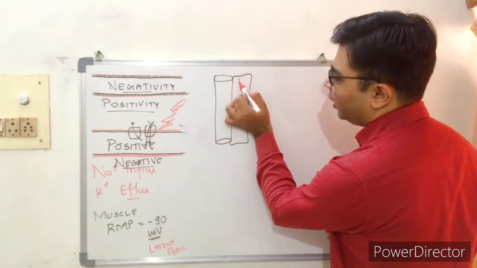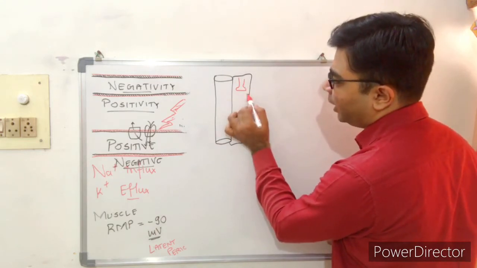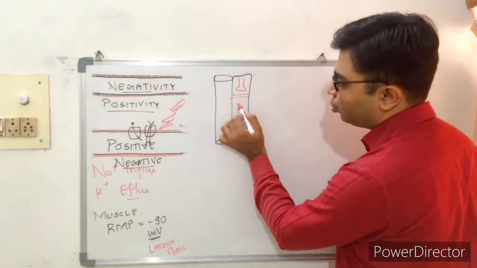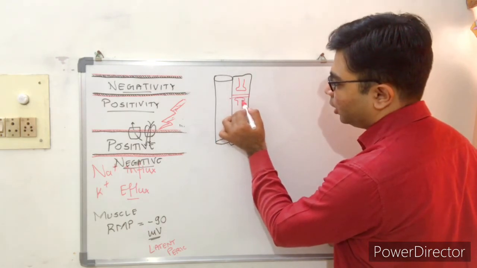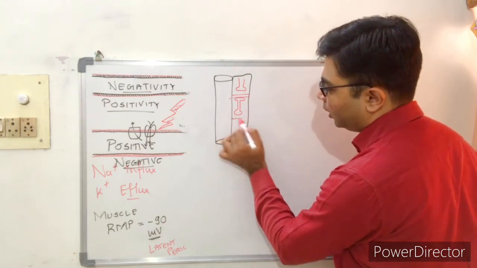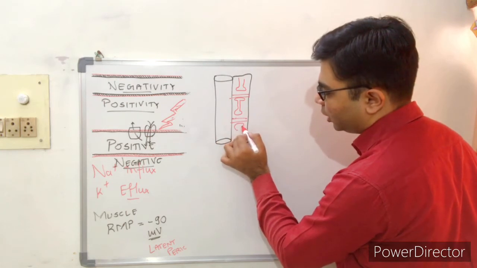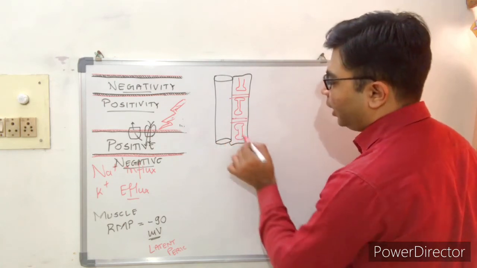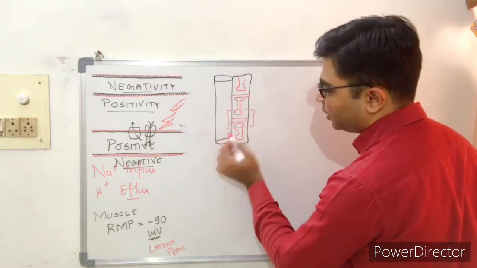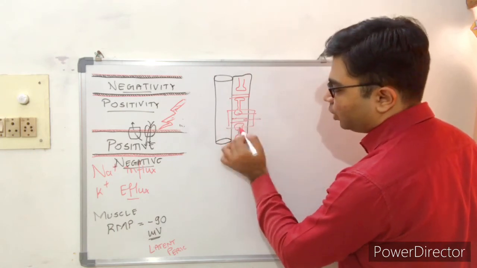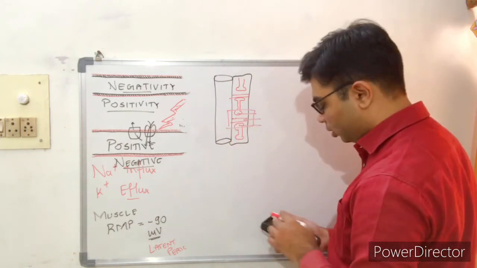So here we have first a bulge portion, that is the L tubule, then T tubules, then again an L tubule, then again a T tubule, then again an L tubule, and this is the T triad, which is the cisternae, then the T tubule, then again the cisternae.